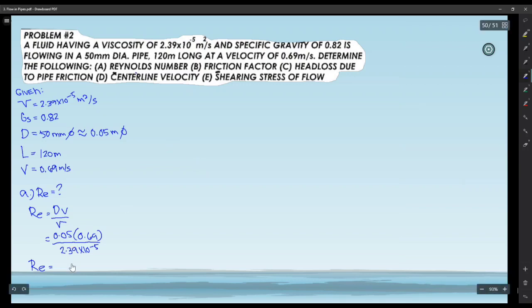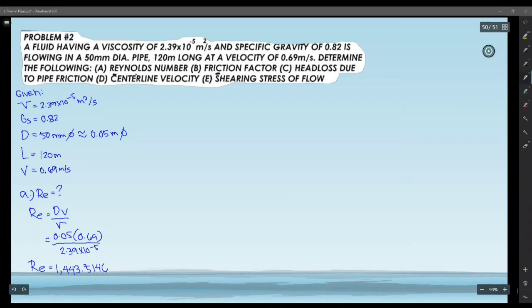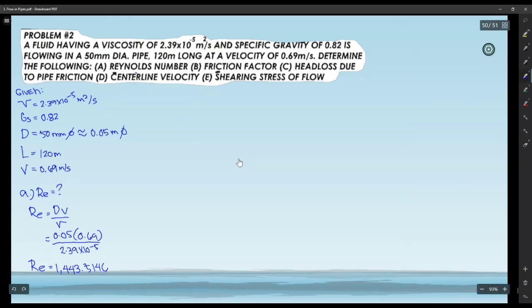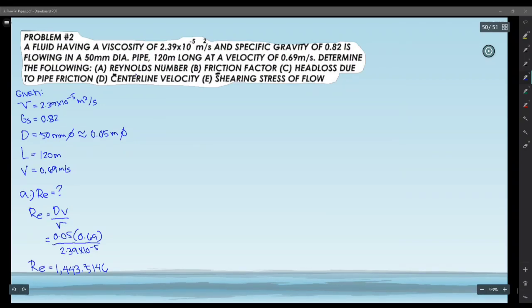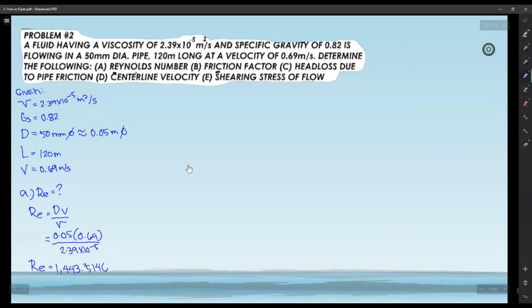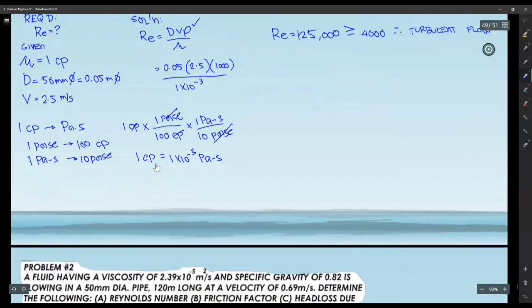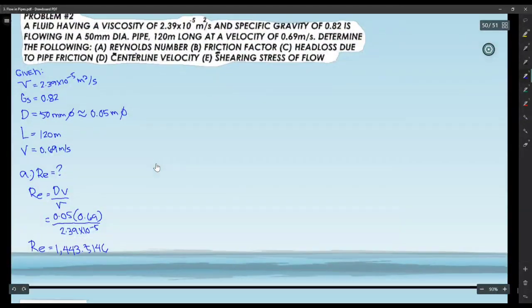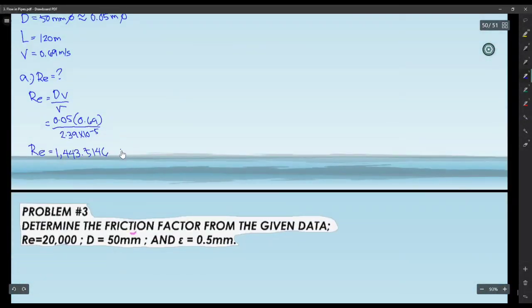So, ang napindot ko dito guys is 1,443.5146. Since ito is less than 4,000, this will be under the category of a laminar flow. Okay?